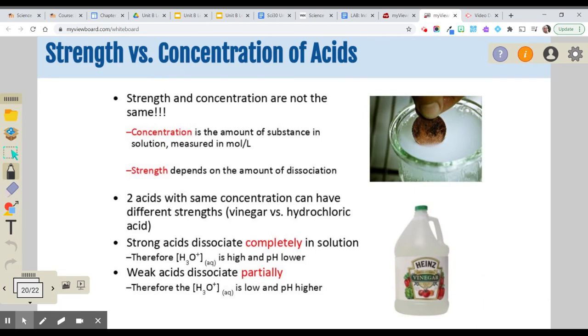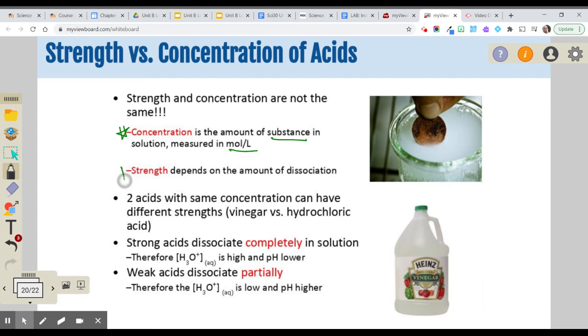So, just a little aside here on strength versus concentration of acids. They're not the same. When we say an acid is strong, that does not necessarily mean it's highly concentrated. Concentration is the amount of substance in a solution in moles per liter, so how much acid per liter there is.